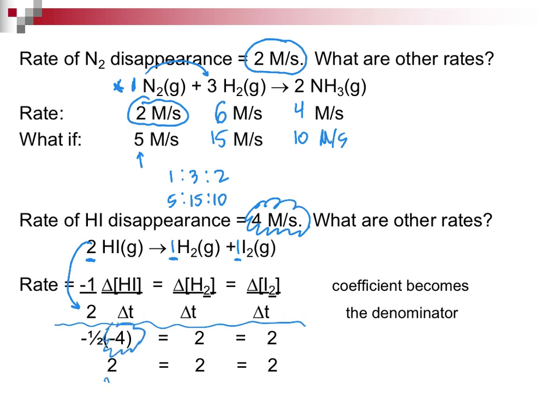Minus 1/2 of 4 comes up to be a 2. So again, that is really how we are doing this, 2 to 1 to 1. So here we have a 4, and notice that after I do the math, all the numbers are equal: 4 molar, 2 molar, 2 molar.